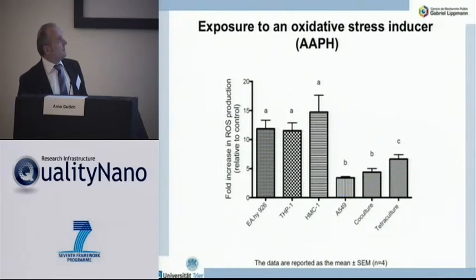What you see is that A549 are much more resistant towards oxidative stress than the other three cell types used in our system. But you see a clear difference between the co-culture system of the A549 and the endothelial cells and our tetraculture system. So depending on what kind of system you use, also you would get different results.